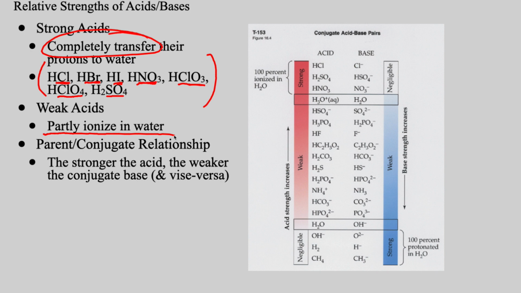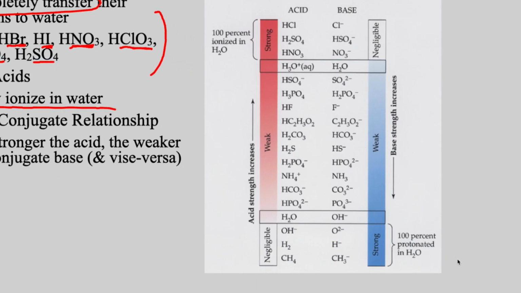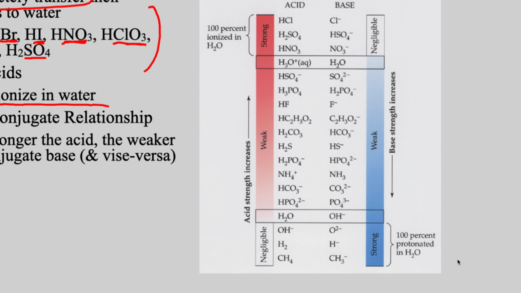But the new idea that you need to get comfortable with right now is there are shades to this, and that's what this is talking about. So let me zoom into this. I know that yours is itty bitty small. But above this line should be our 7 strong acids, not just those 3. It should be all 7 of them.